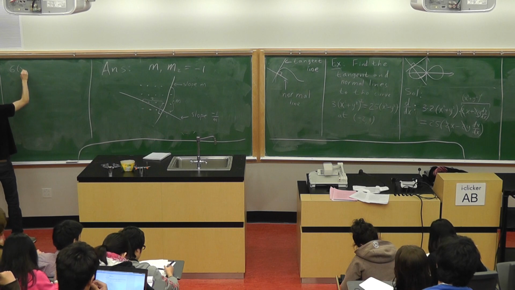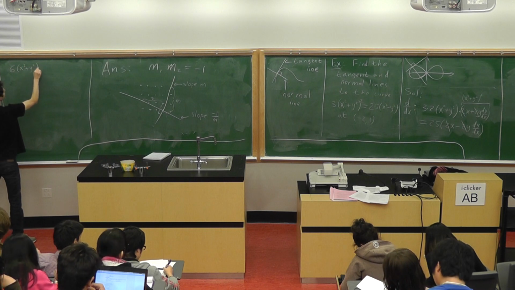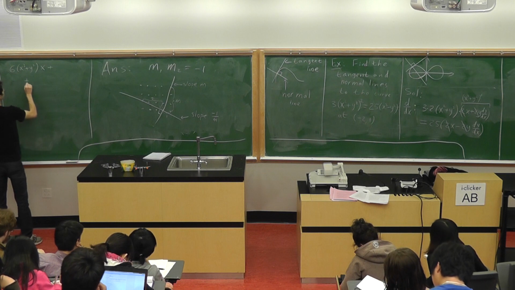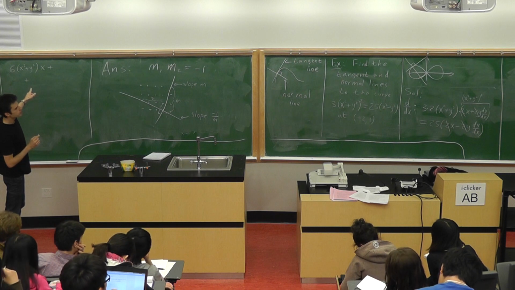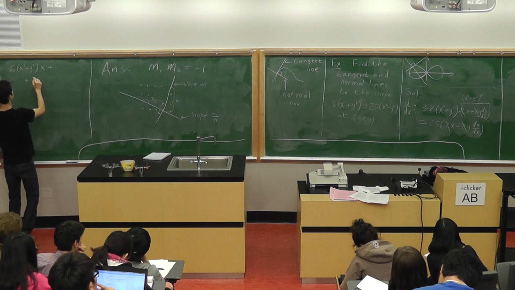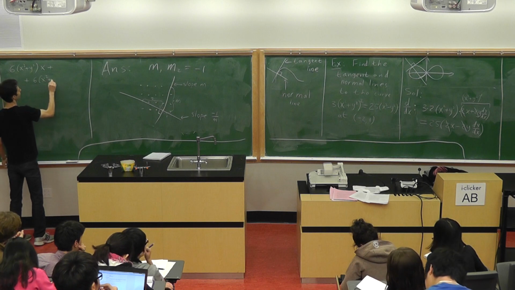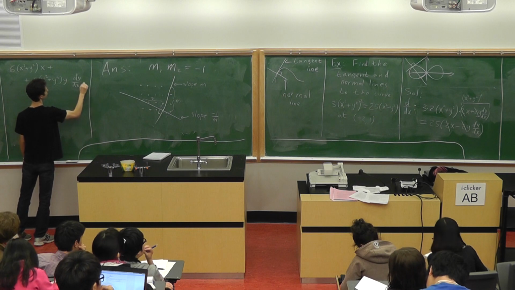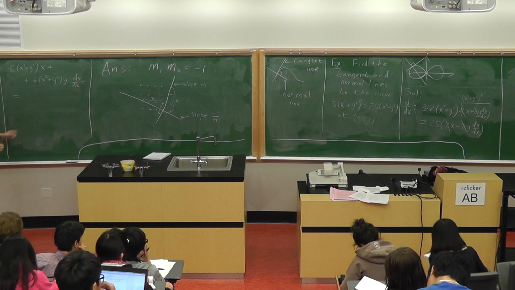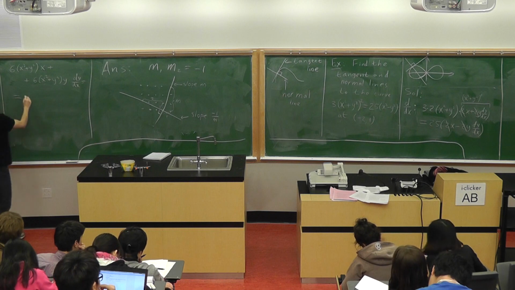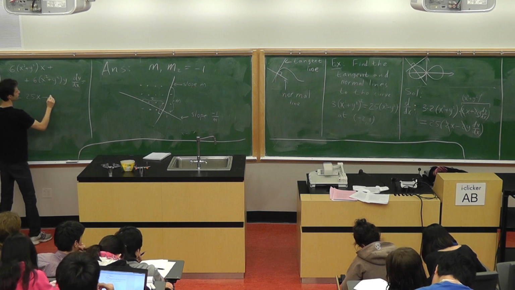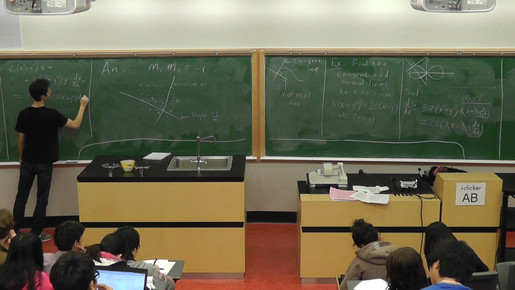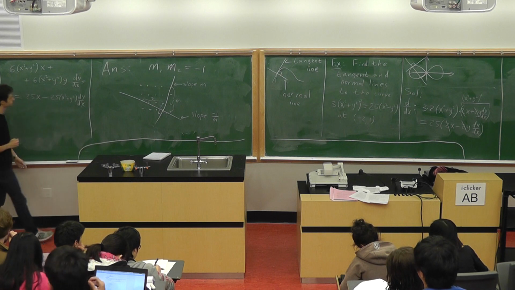So 6 times (x squared plus y squared) times x plus 6 times (x squared plus y squared) times y times the derivative is equal to 24x minus 25 times (x squared plus y squared) times the derivative.